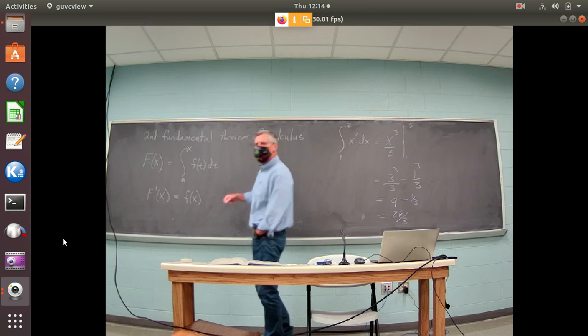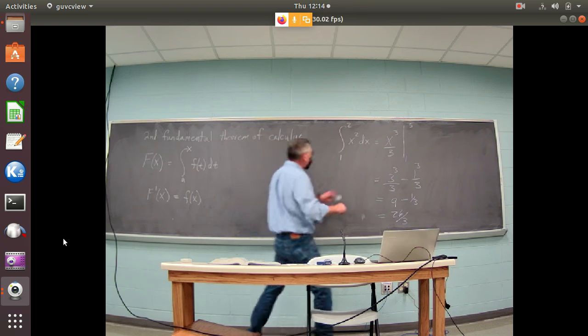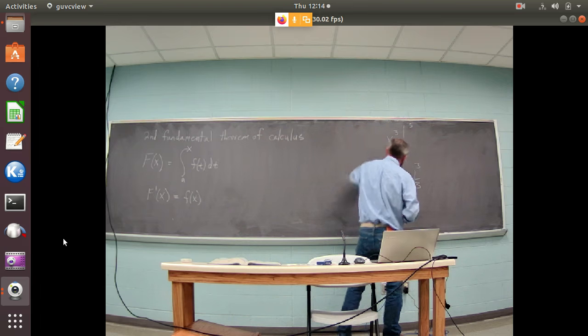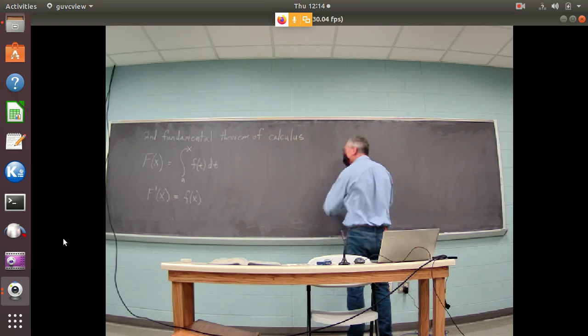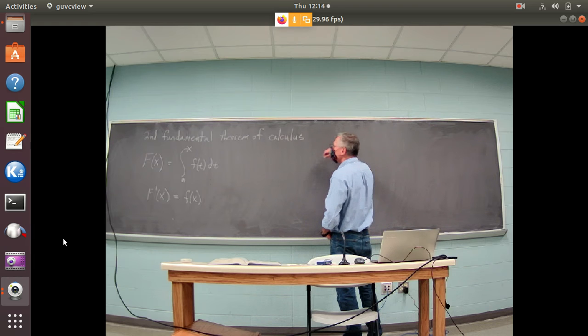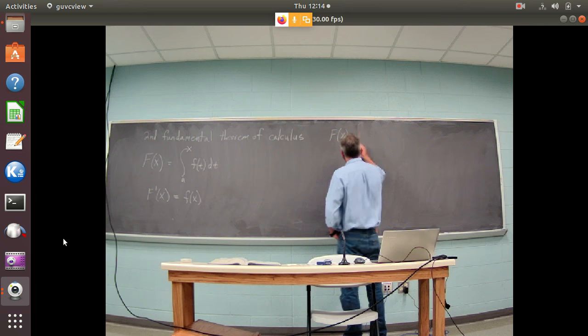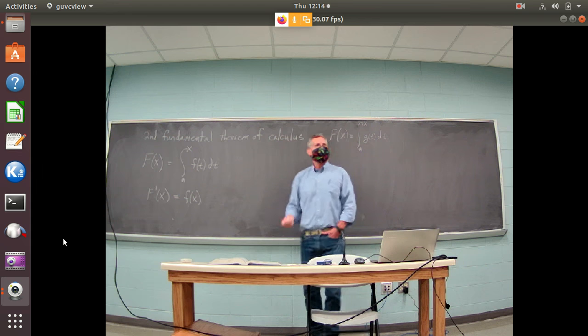Okay. Now, let's mess with some notation here just to kind of see this, because I really don't like using the uppercase F to show what's going on. So what we're going to do is let our uppercase F of x equal the integral from a to x of g of t dt, just so I've got a different name.